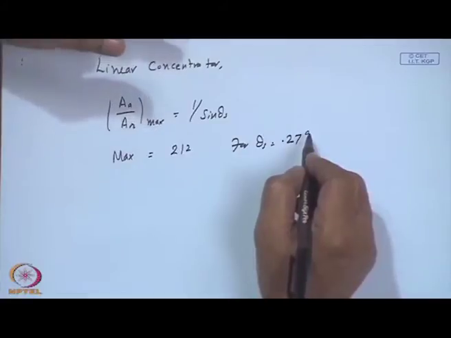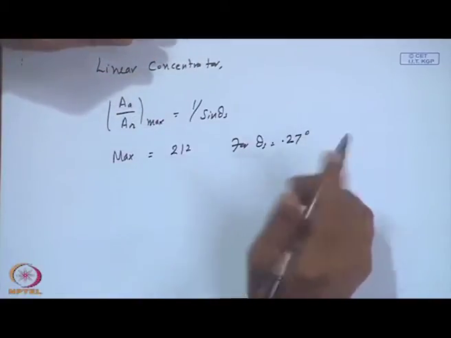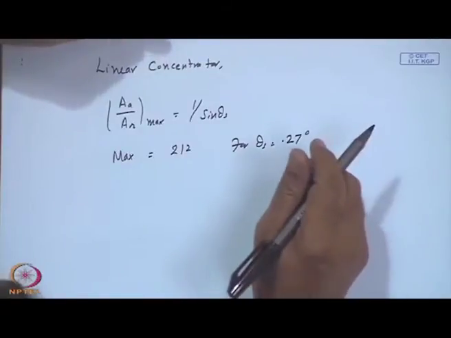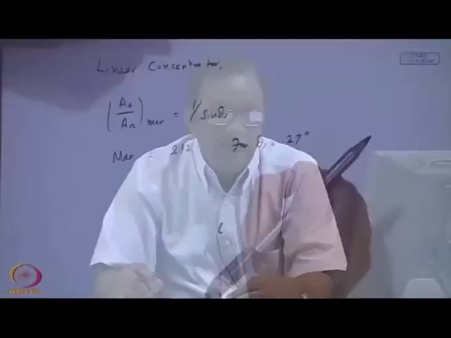We have no option, that is the angle the sun subtends at the earth's surface. So, you have a possible 45,000 concentration ratio for a circular concentrator and a possible 212 as the maximum for a linear concentrator.